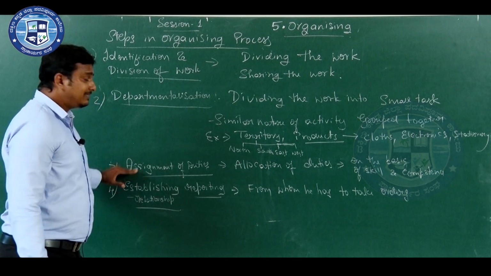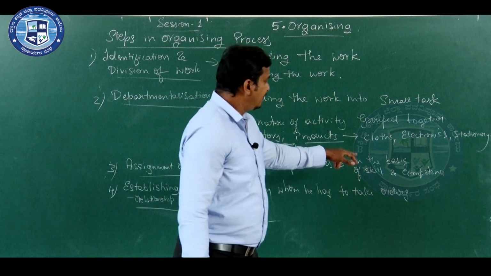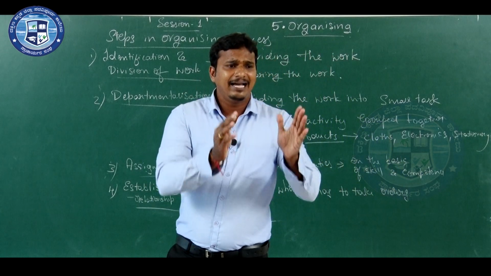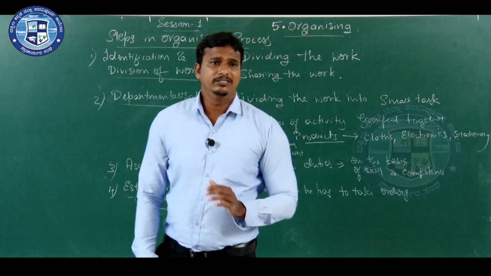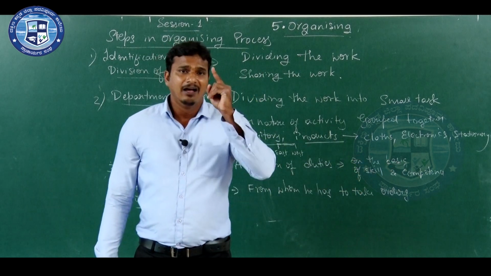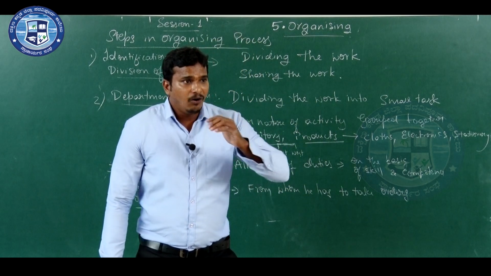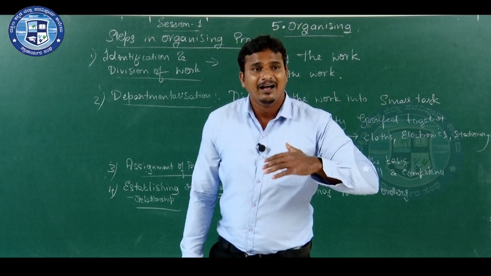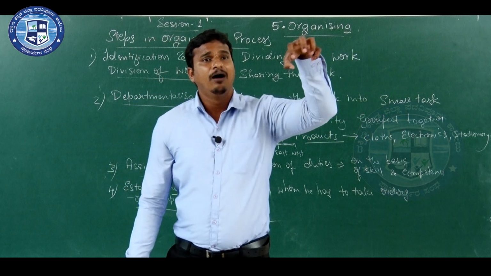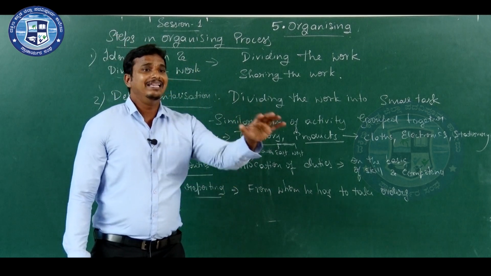The third point is assignment of duties, that is, allocation of duties on the basis of skill and competence. Assigning work to an employee is done only on the basis of skill and competence. Competence means whether a person is able to do that particular work. If there is account-related work in the company, for that work you will recruit a BCom candidate or an MCom candidate to fill that position.